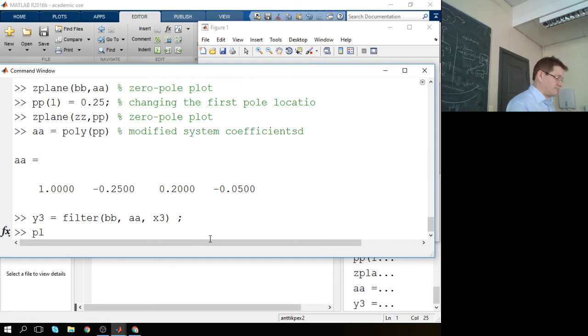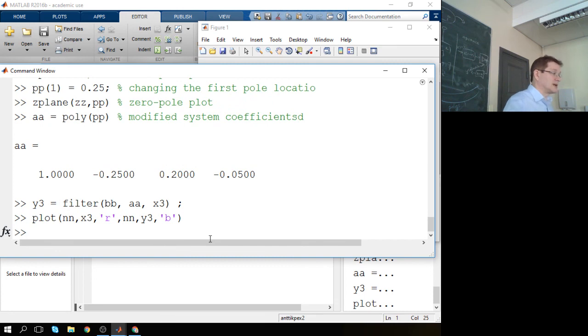And now we can plot that one. Plot NN, X3 in red, NN, Y3 in blue, on the same plot.